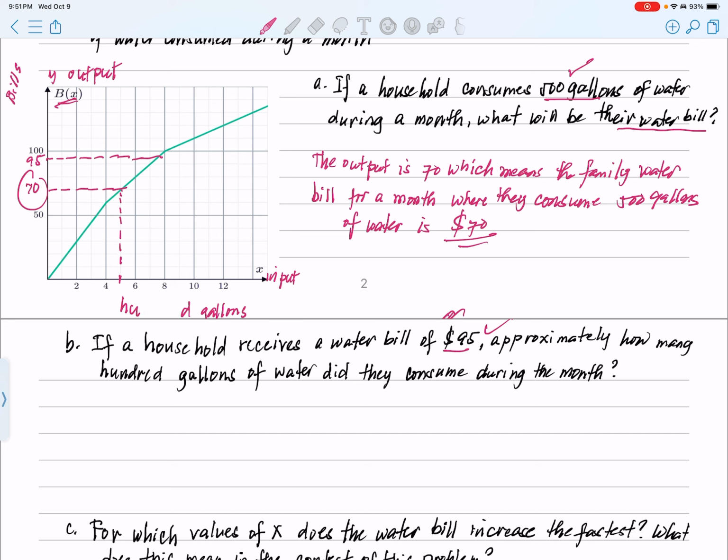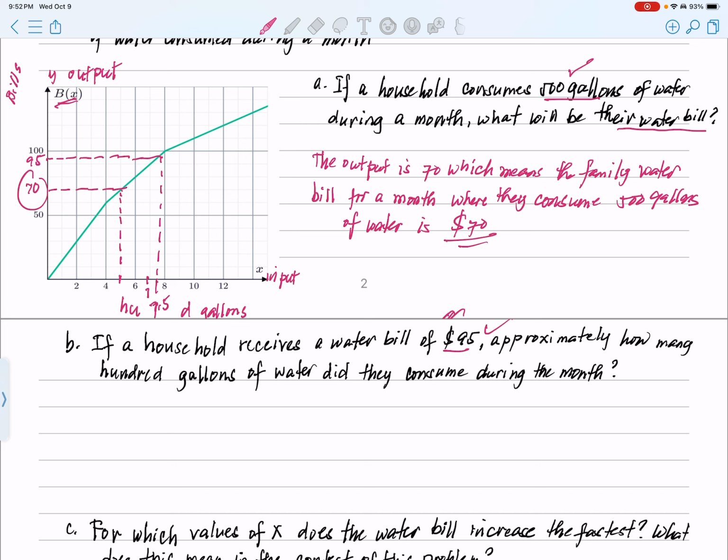If the point here is 7, then moving down, that is between 7 and 8, so that is 7.5. Okay.